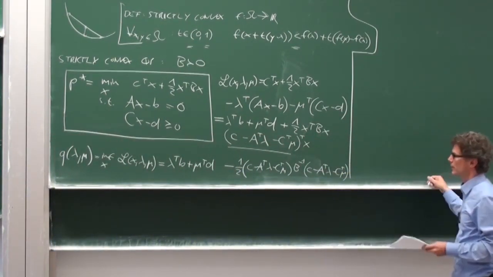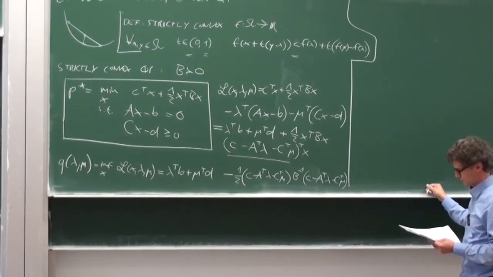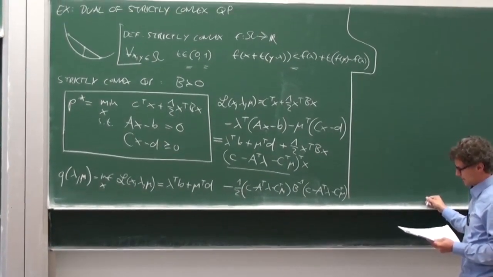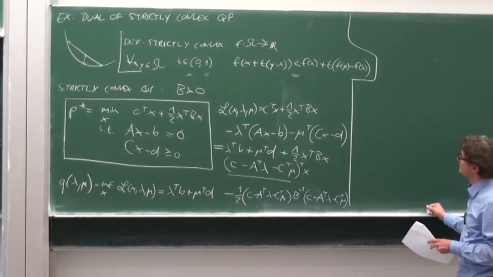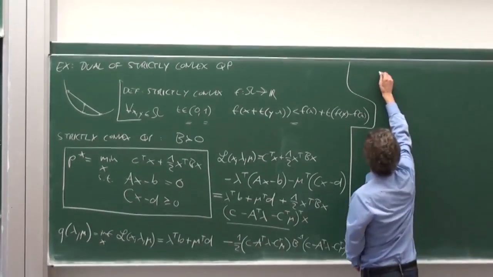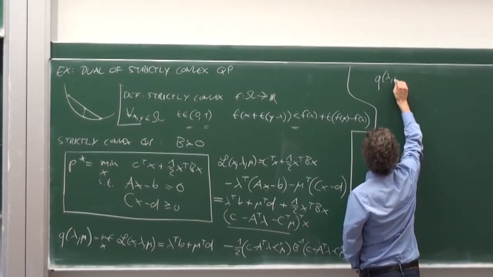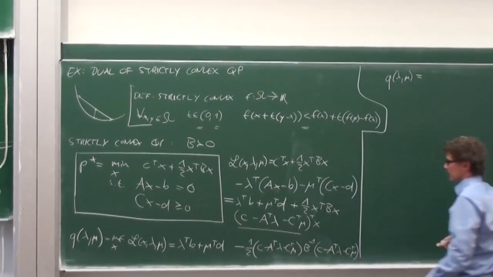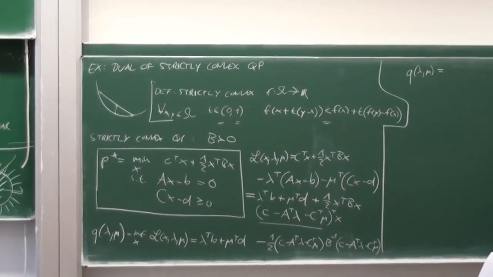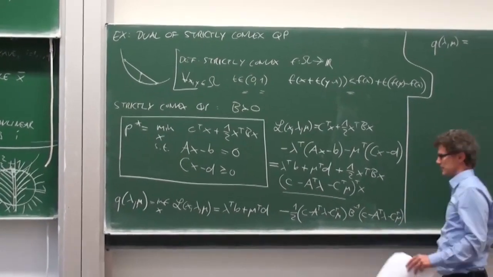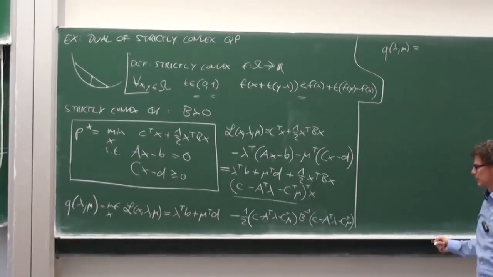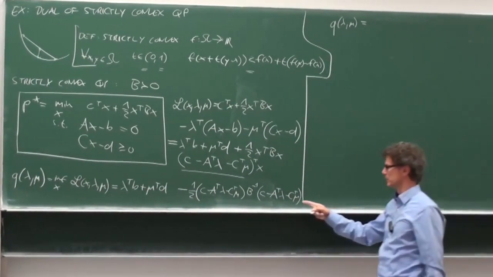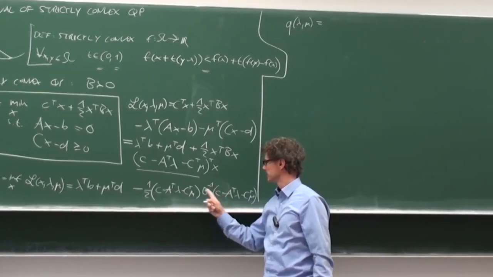And we could reorder this if we like, and I think it makes sense to reorder these things again a bit more. So I will just have q of lambda, mu. What will it be? Now I'm interested in this function as a function of lambda and mu. It will contain some terms which are completely independent of lambda and mu, namely the c and this c.